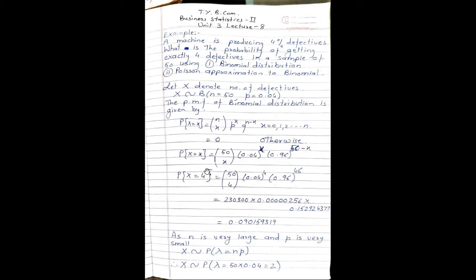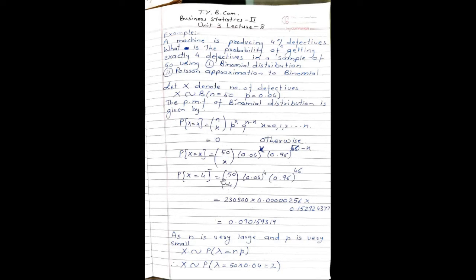And in the next part, we can get the exact answer. Probability of X is equal to 4 can be calculated as 50C4, 0.04 raised to 4, 0.96 raised to 46.